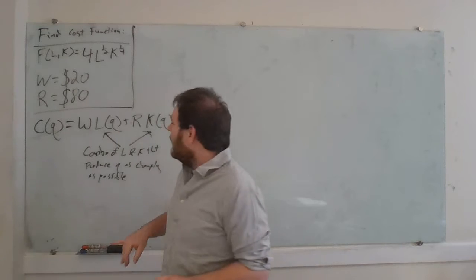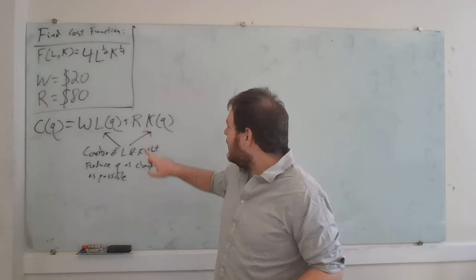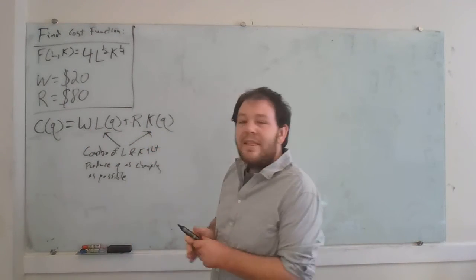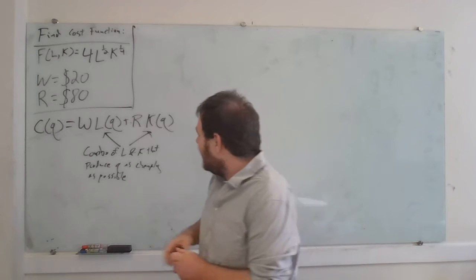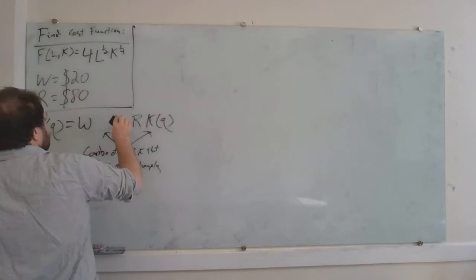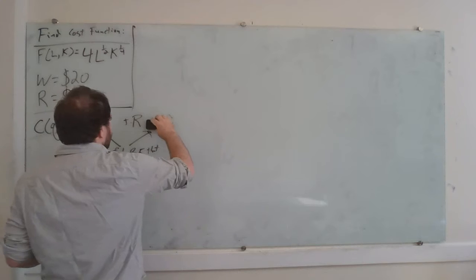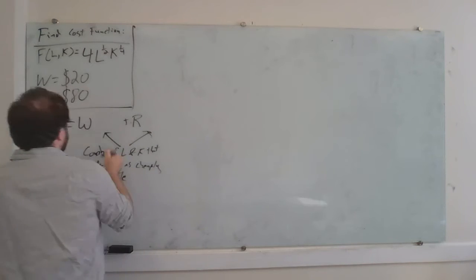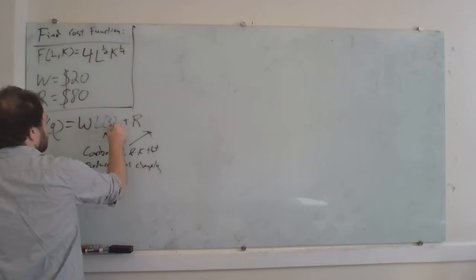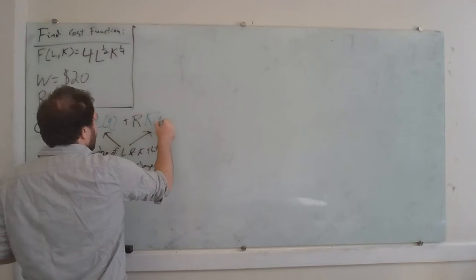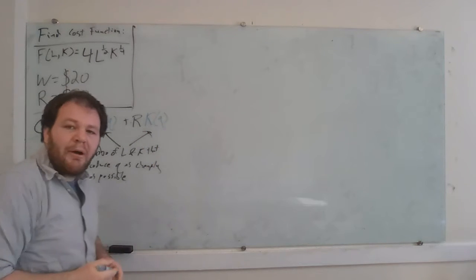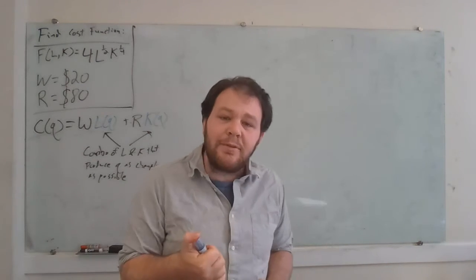Right? So we already know W, we already know R. Our goal is to find these two last objects, right? L of Q and K of Q. So I'm going to make these blue to show that we need them. Okay. So how am I going to go about finding optimal L of Q and K of Q?